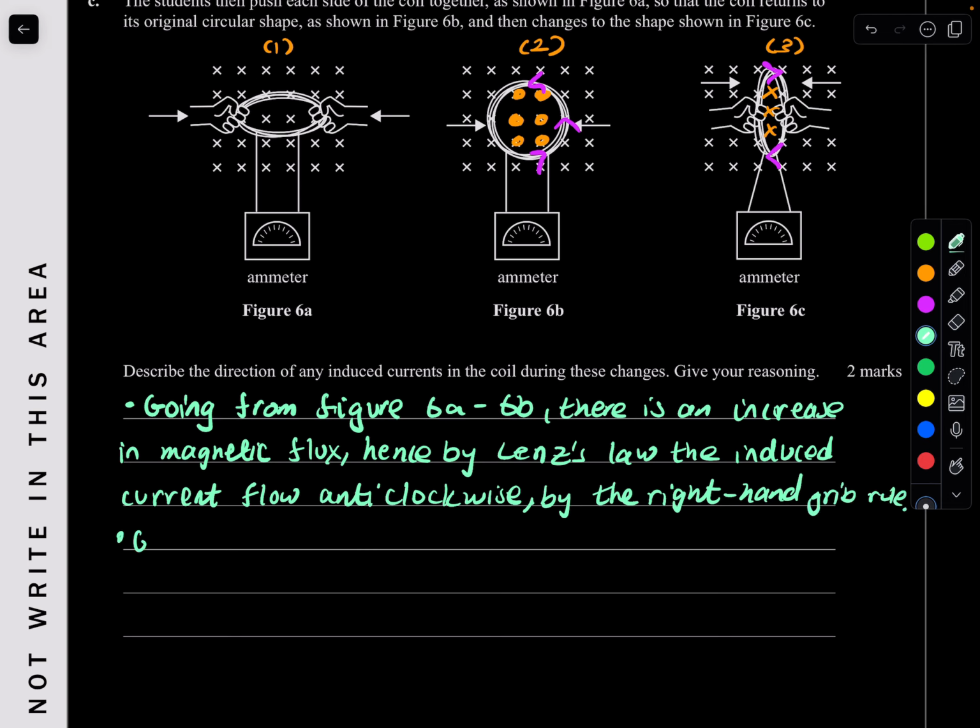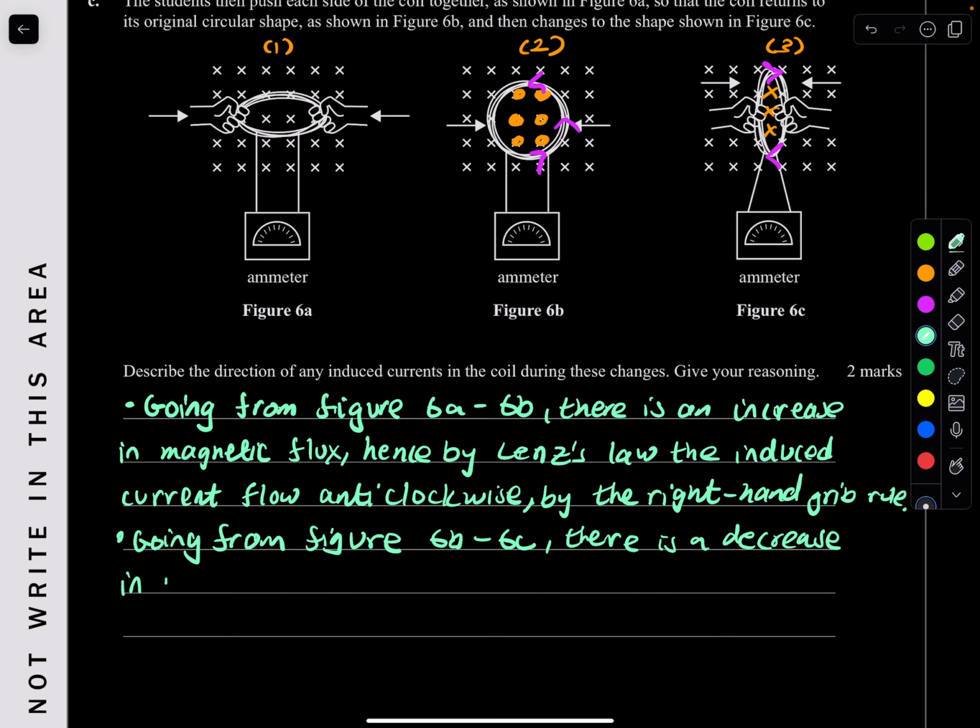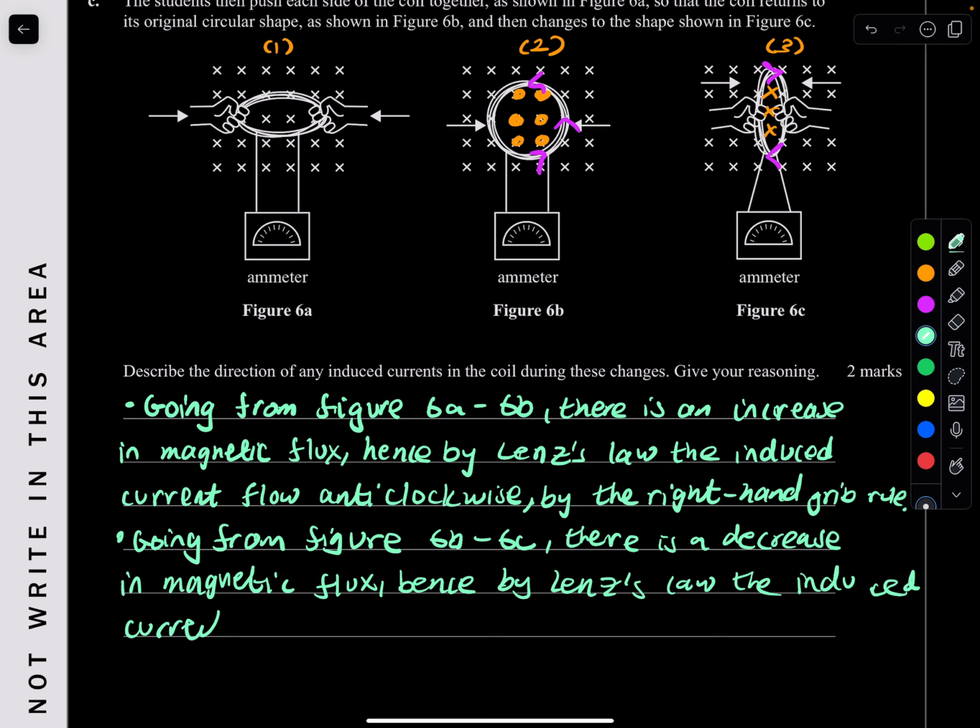Done. The same thing also for this one, going from figure 6B to 6C, there is a decrease in magnetic flux, hence by Lenz's law the induced current flows clockwise, by right hand grip rule.